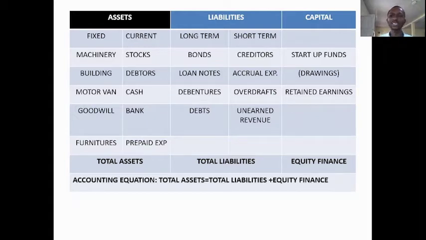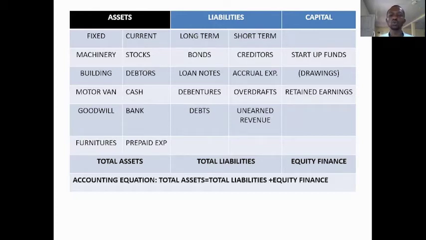We call them personal expenses, because the business is a legal entity. It can sue and be sued. It's an artificial human being. It's assumed that they have their own right to run their own course by themselves. So any other thing that does not relate to the running of the business becomes drawings, so it is deducted.